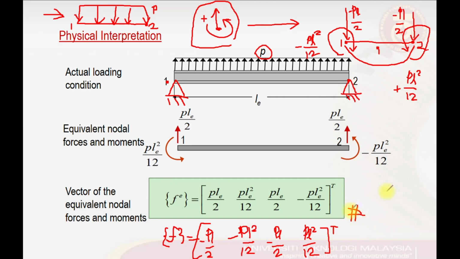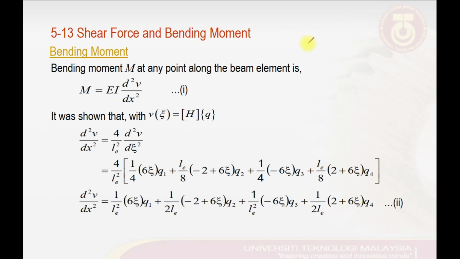The first equation here is developed for the uniformly distributed load that has upwards force direction, and the second equation is developed for the uniformly distributed load that has downwards force direction.